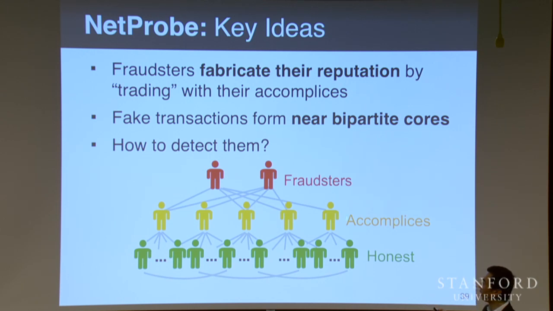If you just look at the transaction history, you probably can't tell anything weird is happening. But then occasionally, an accomplice would trade with a fraudster for some really expensive things, like an LCD TV or laptop computer. The reason they do it is they want to make this particular transaction look really trustworthy and carry a lot of heavy weight.